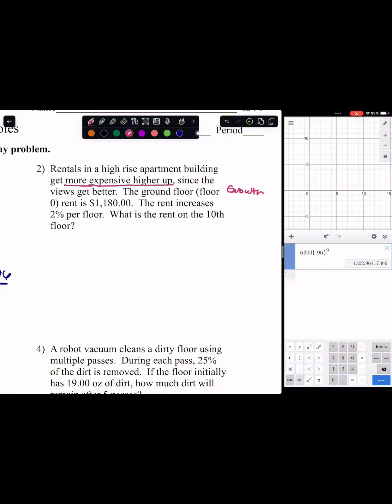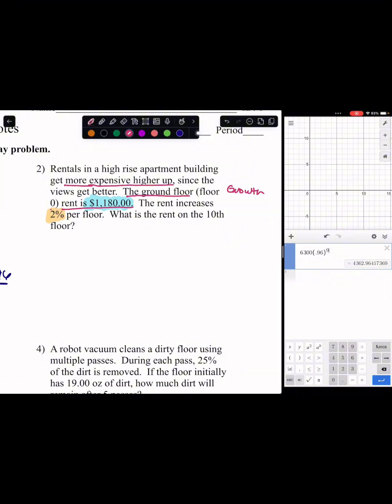Okay. The ground floor rent is $1,800. That means that's our starting point. So this number is important. The rent increases 2%. That's a rate. That's a good one. What is the rent on the 10th floor?